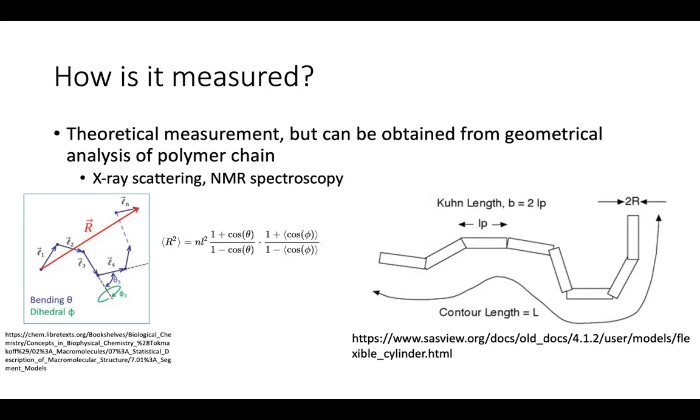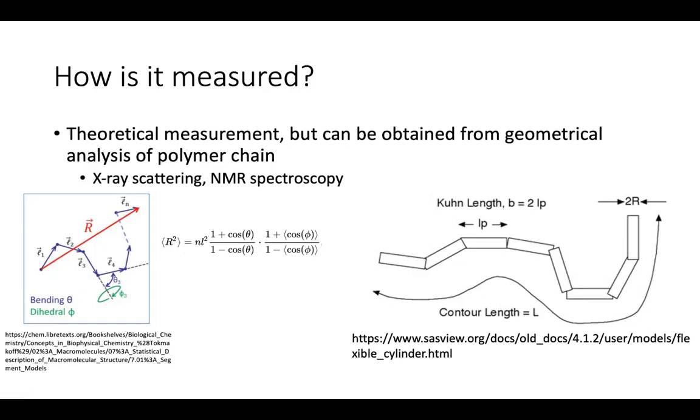This gives us a quantitative representation of the deviation from straight behavior for a polymer chain. This dihedral angle can be used in this equation to get the root mean square end-to-end distance, which can be quantitatively related to the Kuhn segment length using the total polymer chain length. And also the Kuhn length is 2 times the persistence length.